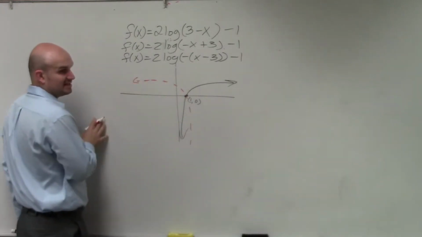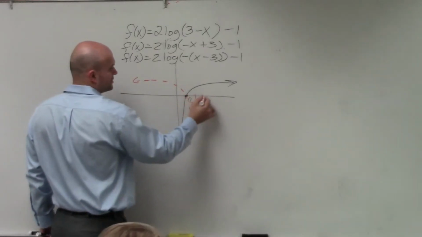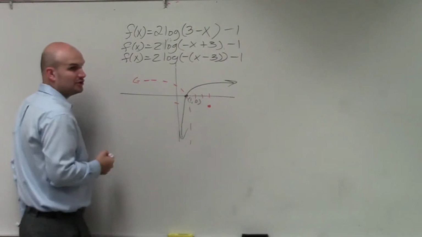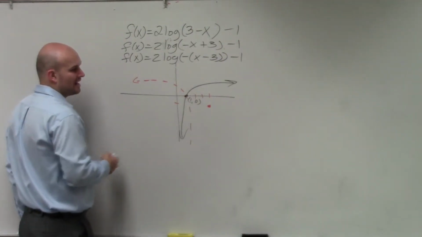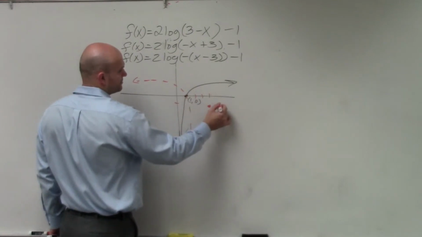So it's being reflected, telling you to shift it to the right 3: 1, 2, 3. And then it's going down 1. So my new point on my graph is 1, 2, 3, 4, down 1.